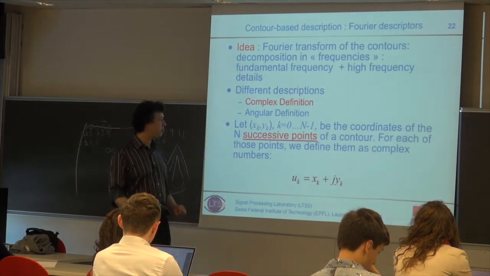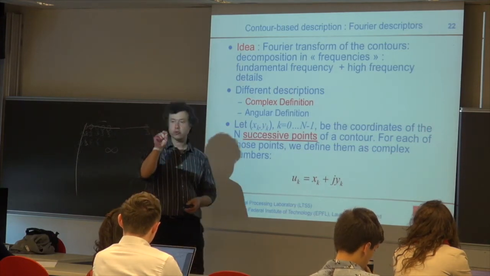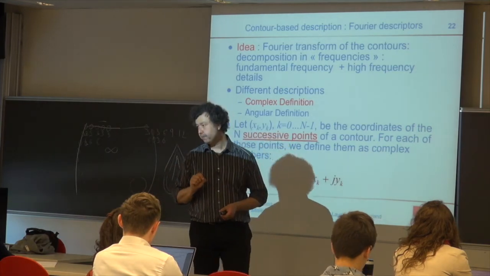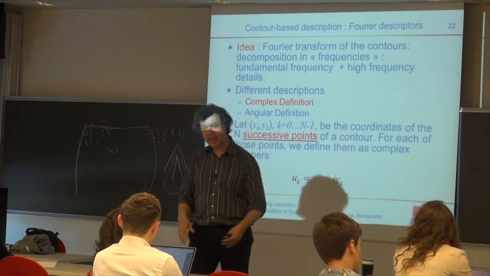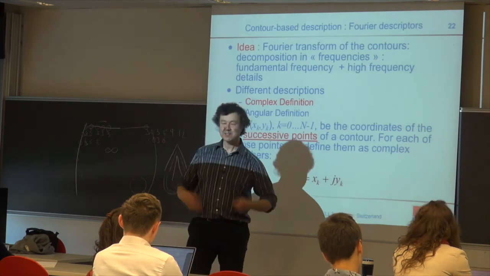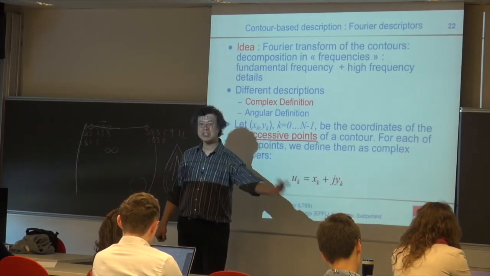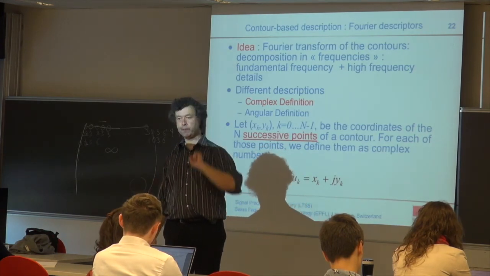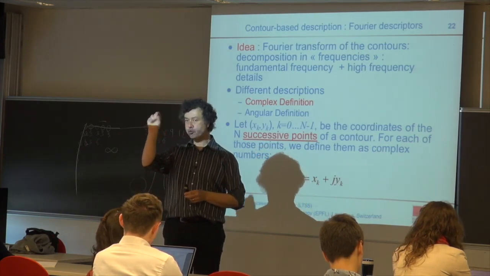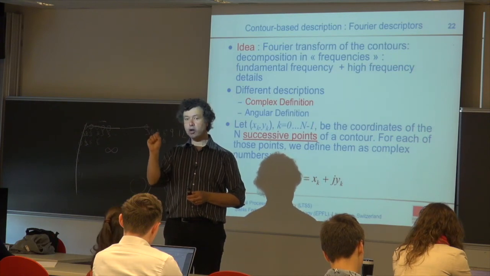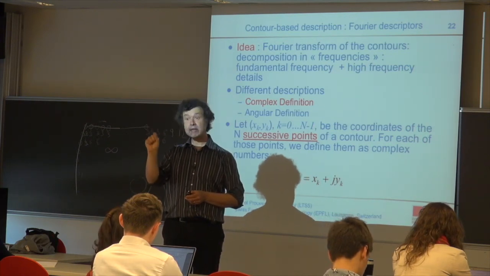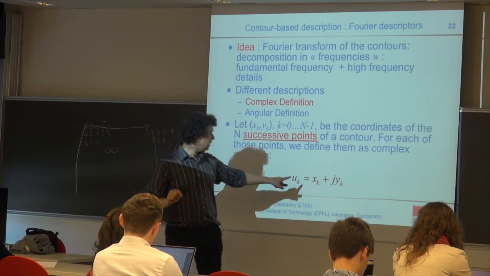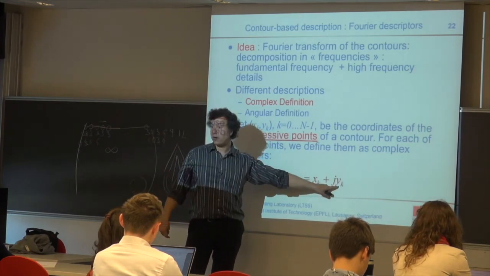The only difficult point is that you have to take your contour and build a signal. Because Fourier was a signal processing guy, not an image processing guy. So we go back to signals. The idea is to say, I take my contour, and for each point of the contour, I create a complex number with the x and y coordinates being the real and imaginary part.